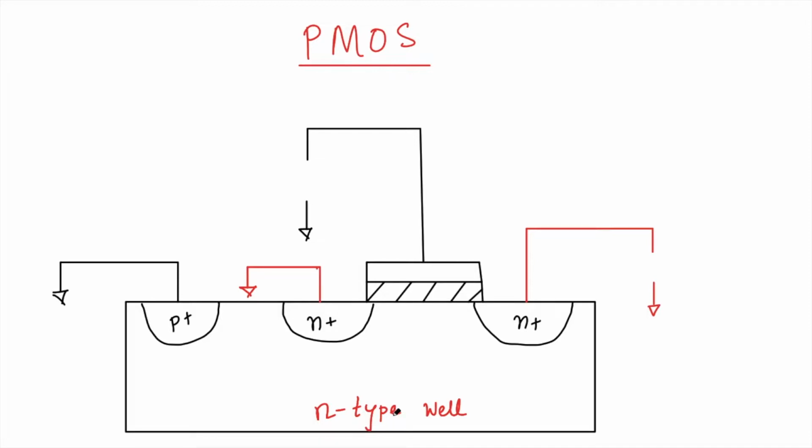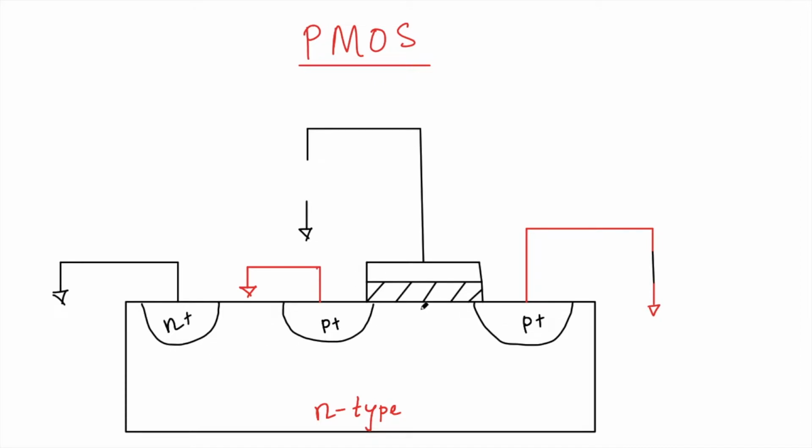It's basically the n-type substrate only, so for the time being just remove this well. And this will be p plus, just the reverse, and since I'm connecting to the body, this should be n plus now. So now these two p plus regions are connected to the ground.